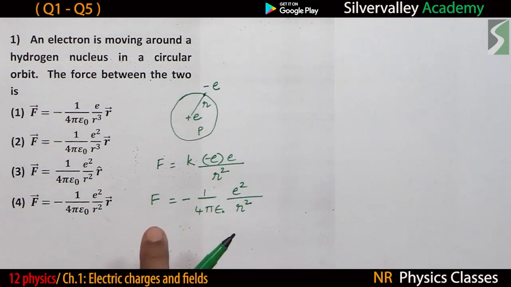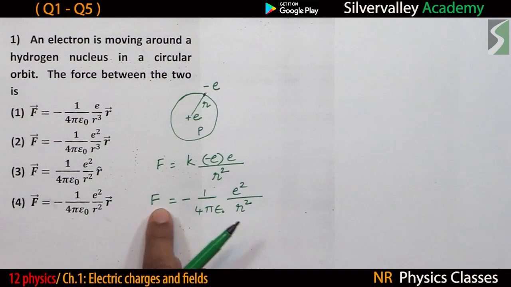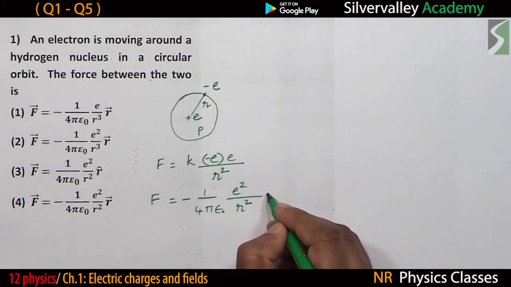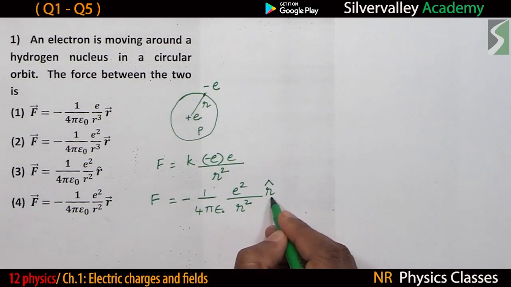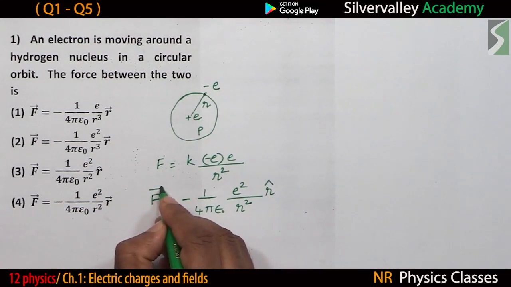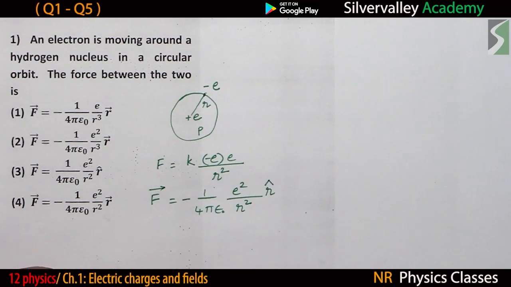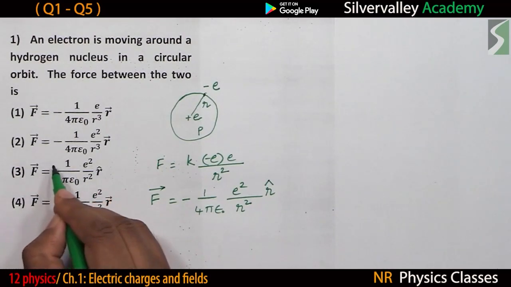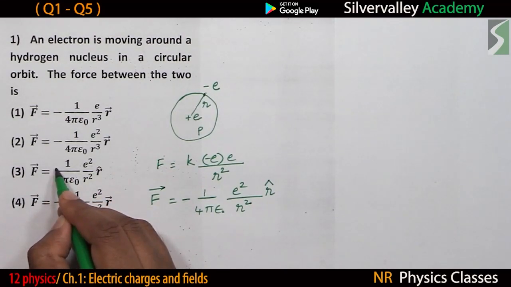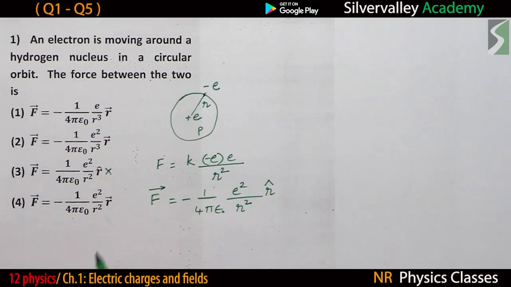This is the magnitude of the force. There should be an r cap. If there is r cap, the position vector, then this is vector F. Now with r cap there is only one option, but the negative sign is absent. Therefore this is not the answer.